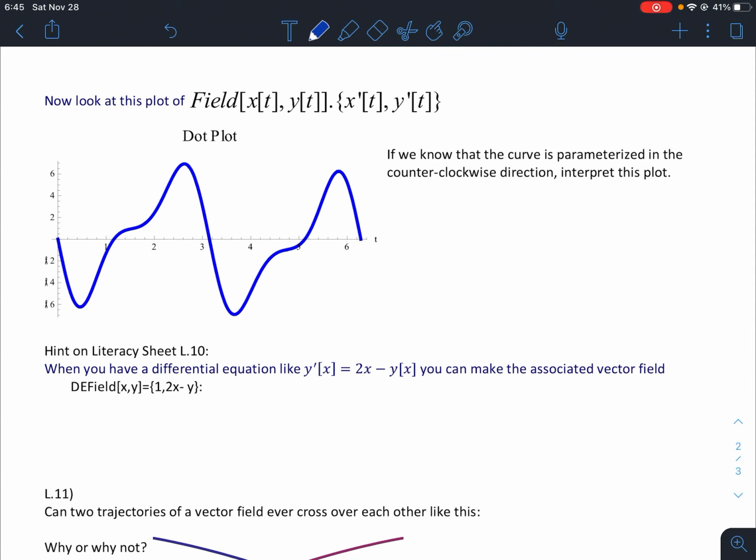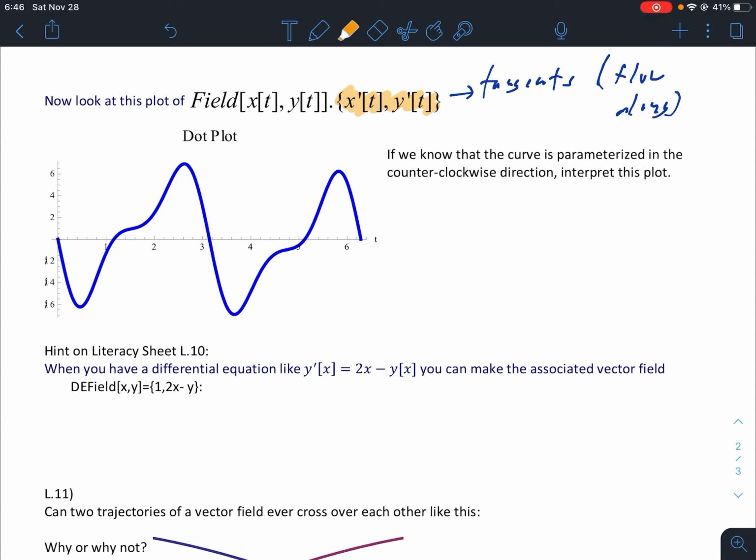And then the second one there. First we're looking at this. That is the tangential, which tells us this must be flow along whatever curve we are looking at. Again, we know this curve is parameterized in the counterclockwise direction.